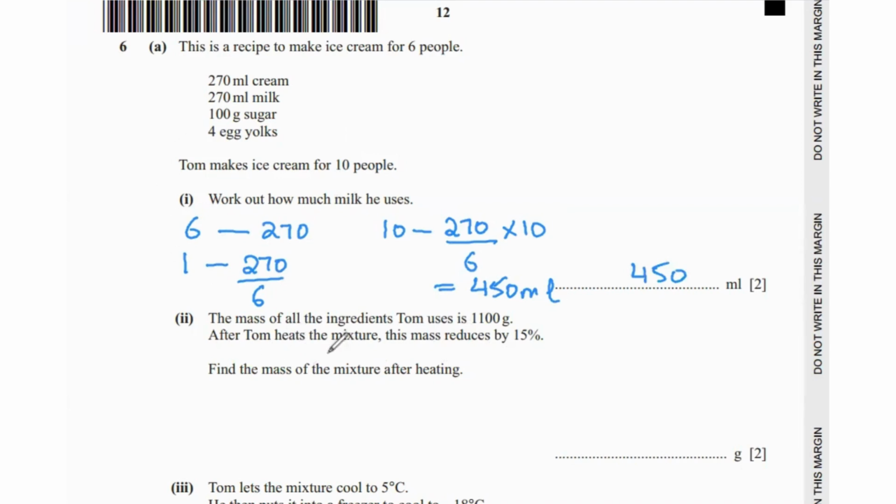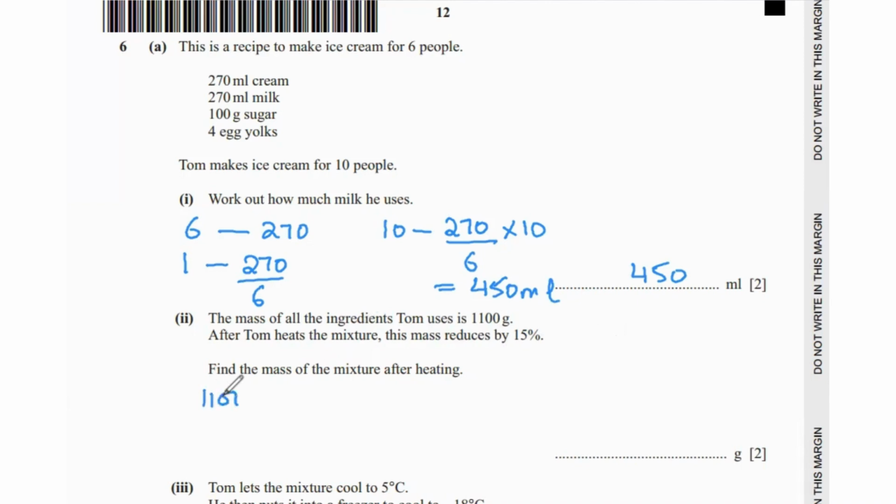Then it says the mass of all the ingredients Tom uses is 1,100 grams. After Tom heats the mixture, the mass reduces by 15%. Find the mass of the mixture after heating. So if it's reduced by 15%, that means whatever is left is 85% of the initial mass.